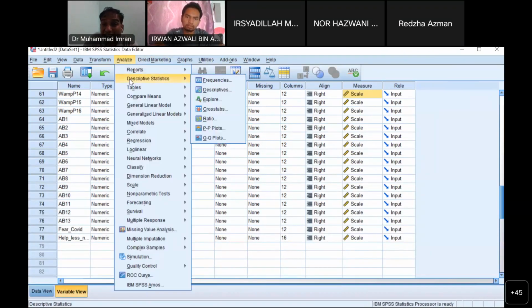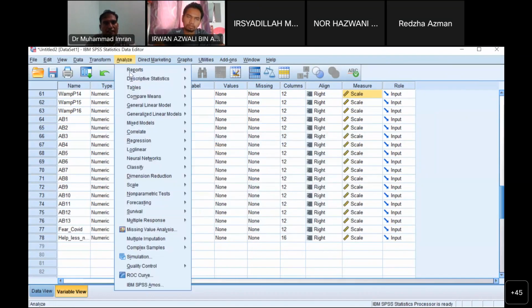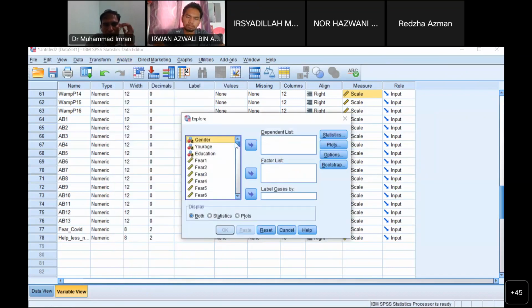First, we have to check the normality of data. How can we check? Descriptive statistics, or better, Explore, for the normality of data. Here is the dependent variable, and this one is my independent variable.